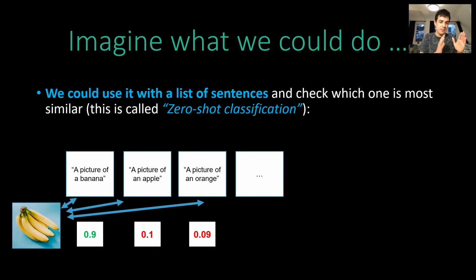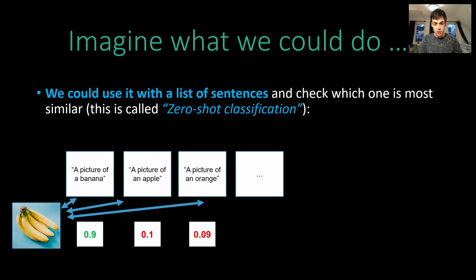One of them would be a picture of a banana. Another would be a picture of an apple. Basically you could have a picture of a blank, and then try different items in that blank, and then use this model to give us answers. The largest similarity will likely hint that this item is actually the thing that we have in that field.